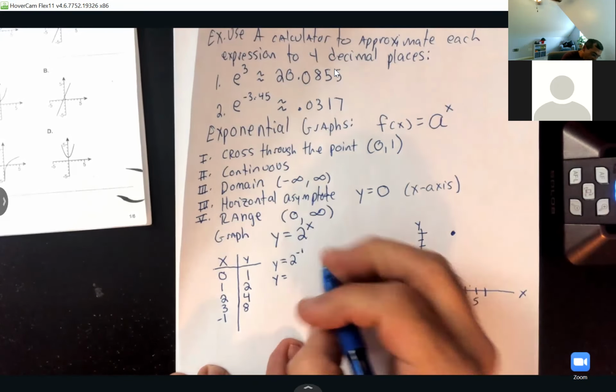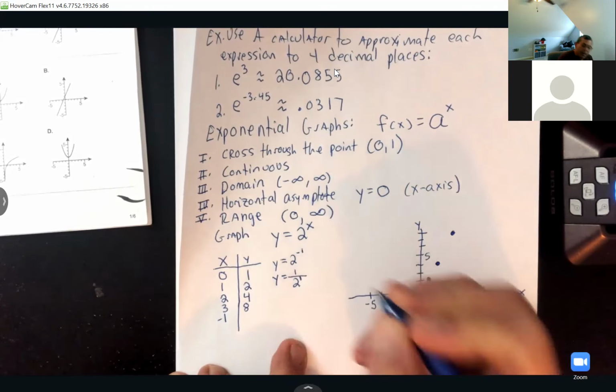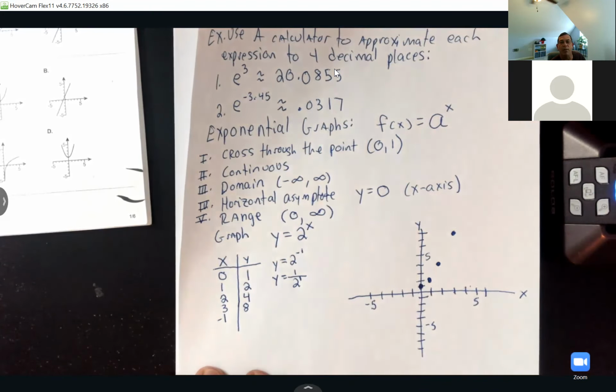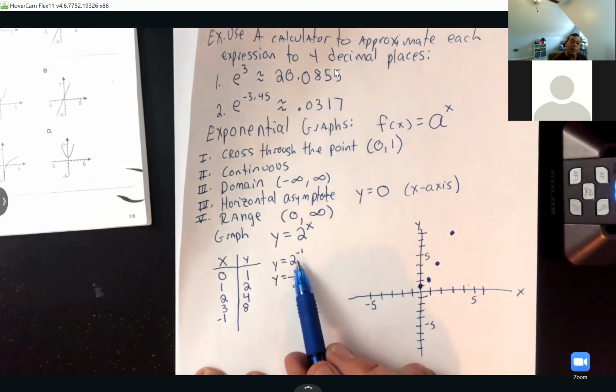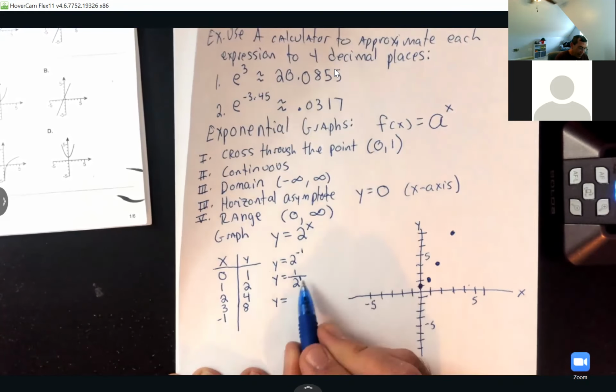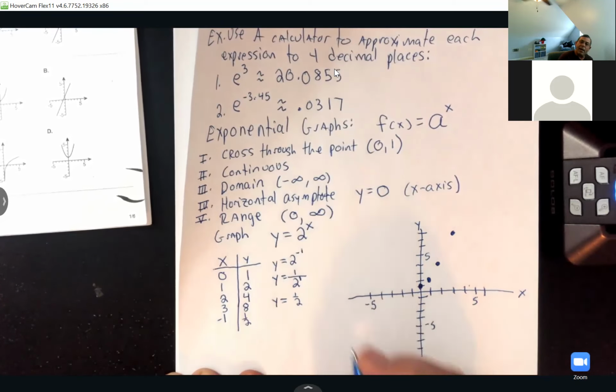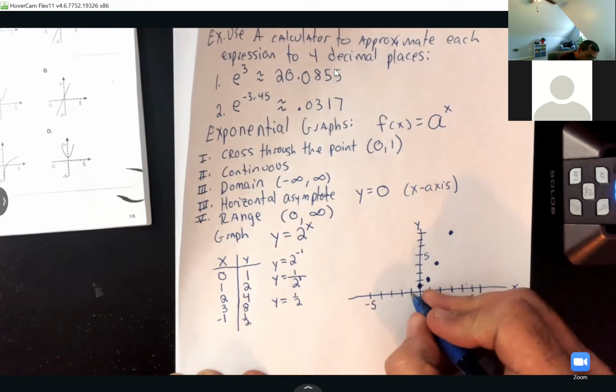So to make that exponent positive, I would put that whole thing under a 1 and change the exponent to a positive 1. So negative exponents are really fractions in disguise. All right, then that 2 to the first on bottom just gives me 1 over 2, which is a 1/2. So at -1 here, you're at a 1/2.